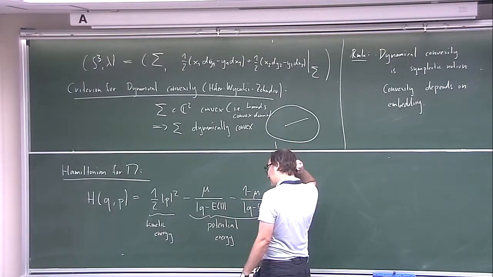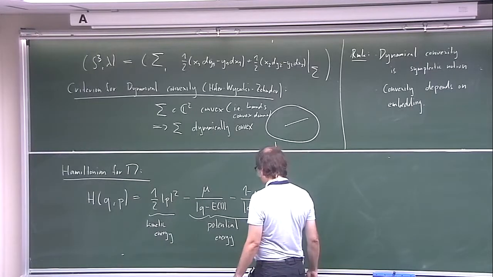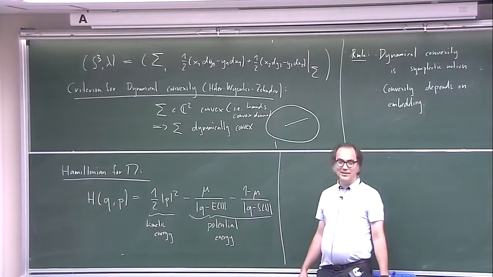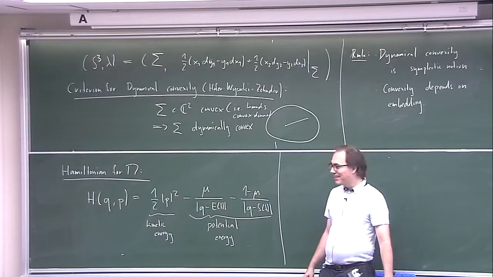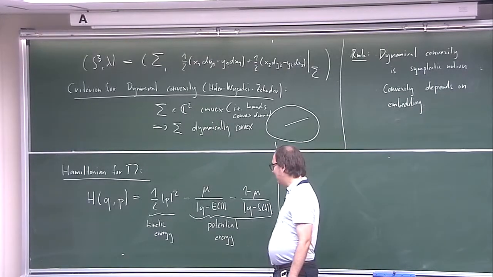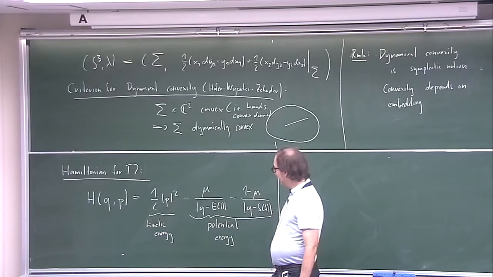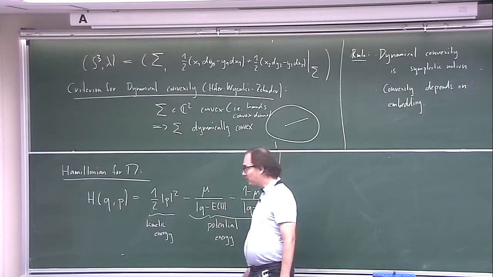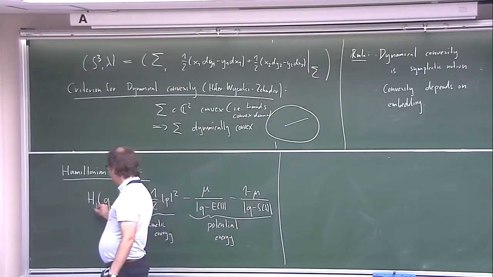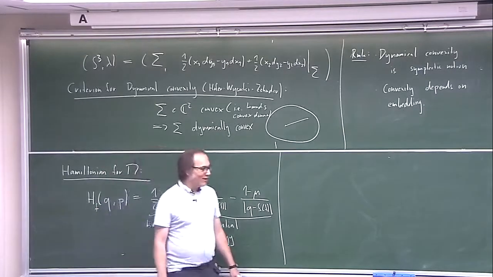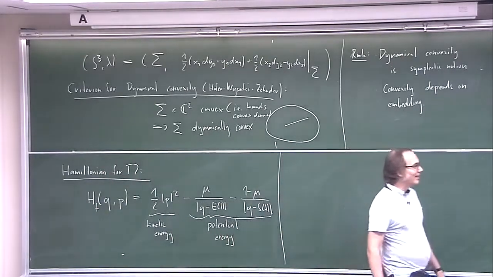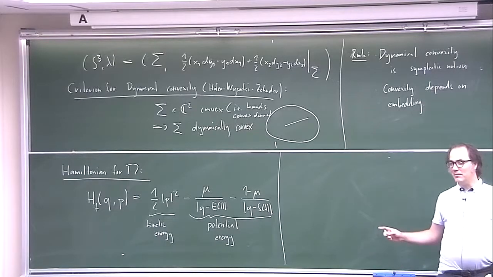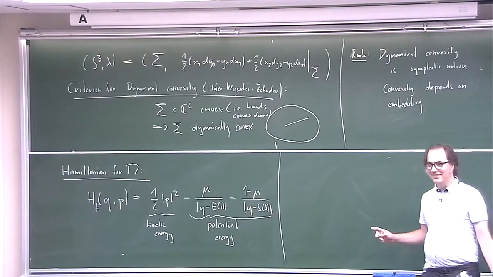Now, this is actually not a Hamiltonian we like too much. What is not so nice about this Hamiltonian is that it depends on time, because Earth and Sun move in time. It's actually quite tough, because it's a Hamiltonian with time-dependent domain.